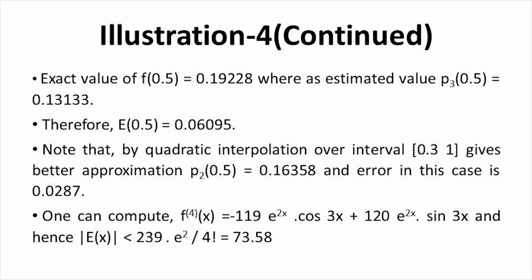So, in order to estimate the error in this particular case, what we need to find out is the exact value of f(0.5), which we already computed as 0.19228, and the estimated value of P_3(0.5) is equal to 0.13133, and hence the difference is the error.